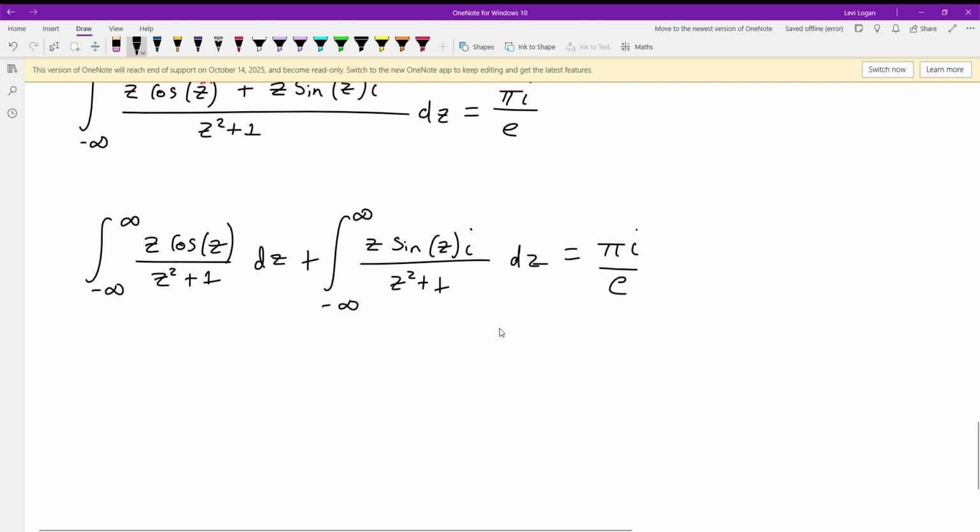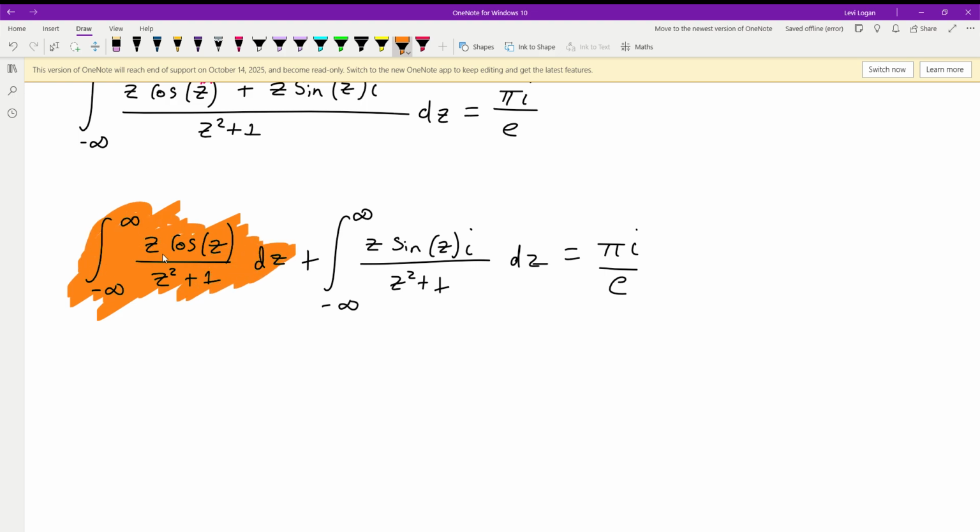Now, what you want to do here is equate the real and imaginary terms. This is the real term because there are no imaginary units. And over here, the real part is 0. So, technically, this integral here is equal to 0.